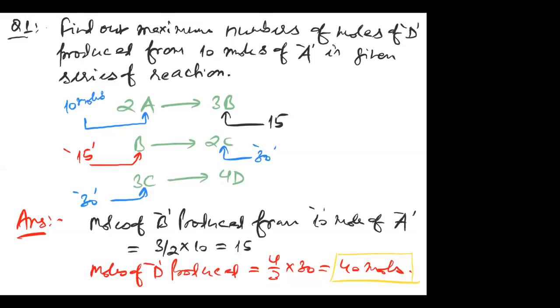And from 30 moles of C, you will get 40 moles of D as your answer. I hope you understood this question. Next question related to stoichiometry.